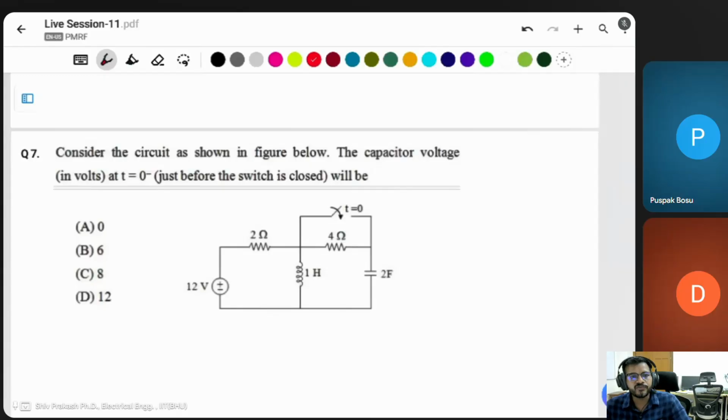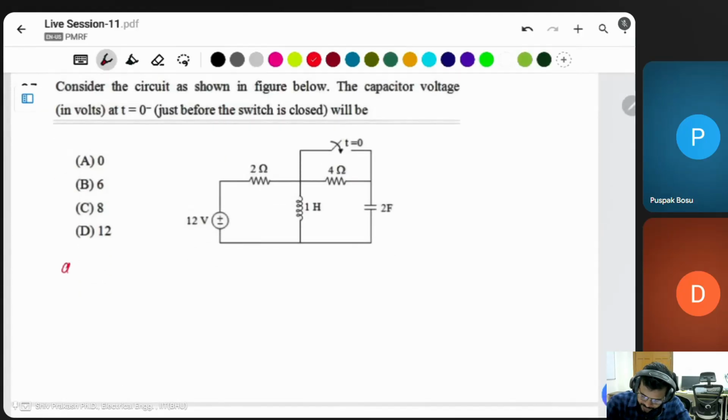Consider a circuit as shown in the figure below. What is the capacitor voltage at t is equal to 0 minus, just before the switch is closed? In this case, you simply have to draw the circuit before t is equal to 0.